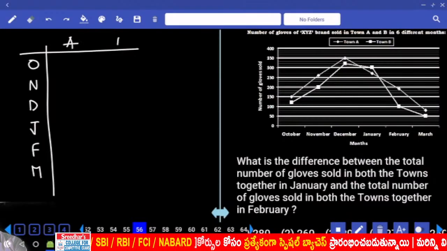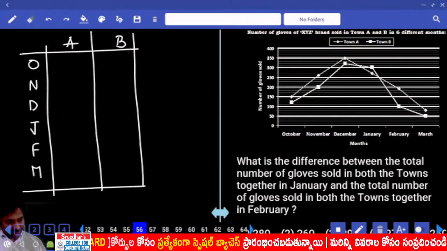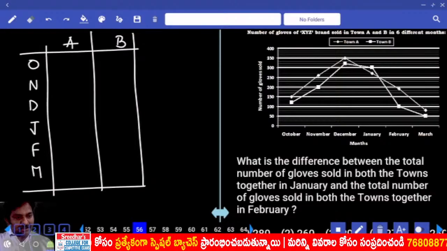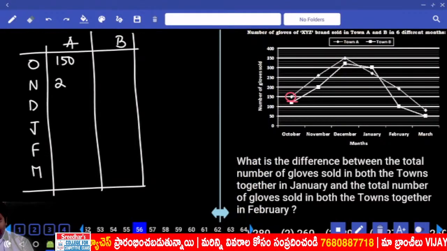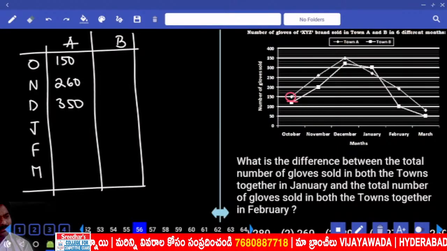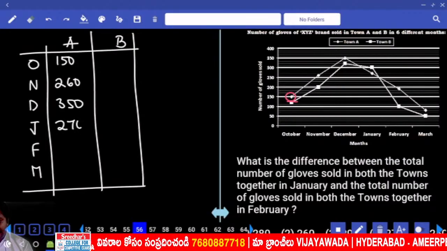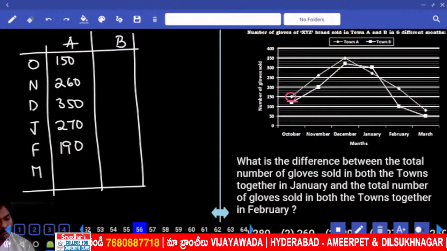Town A and town B. A, diamond in shape: 150, 260, 350, 270, 80.